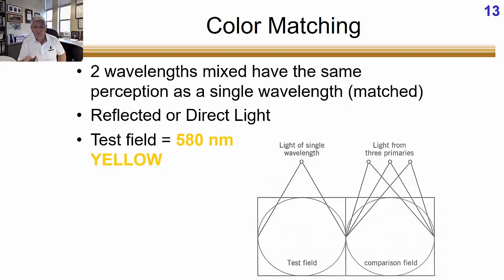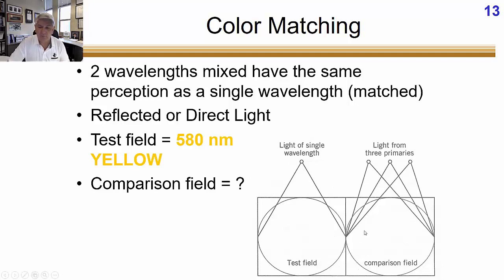So here, if we have a test field that's yellow, how could we recreate the yellow test field if we weren't going to use yellow light? Could we use two other sources of light to create yellow? And we already talked about this, that if we have equal stimulation of medium and long wavelength cones, that generates the perception of yellow.